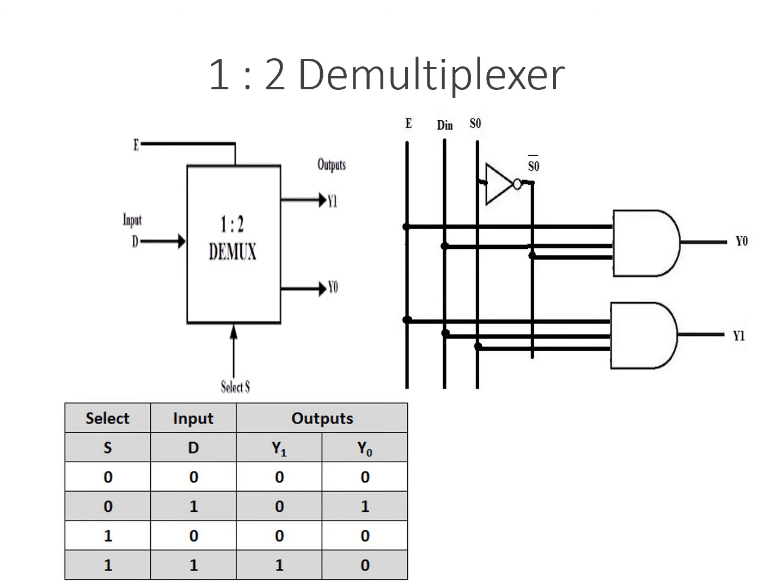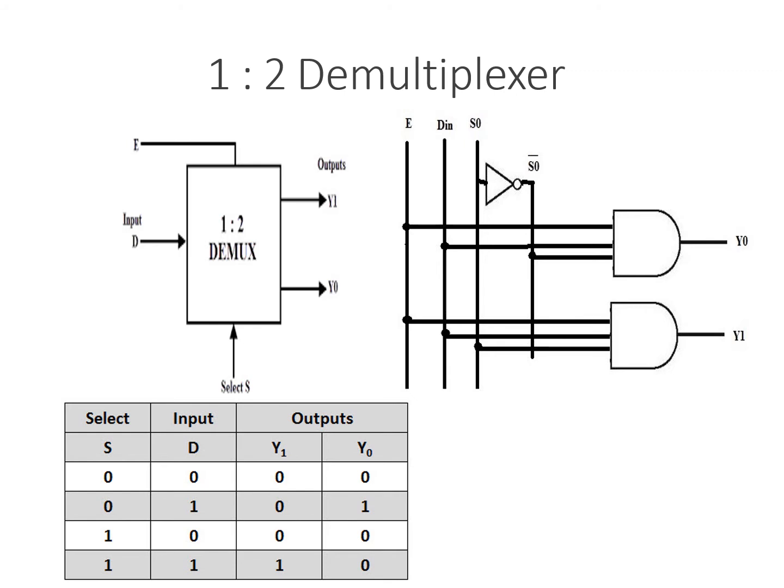From the truth table, if both the select line and the input are low, that is 0, we cannot find any output lines connected. Whereas when the enable is high, the select is low and the data input is high, we can get the output Y0.